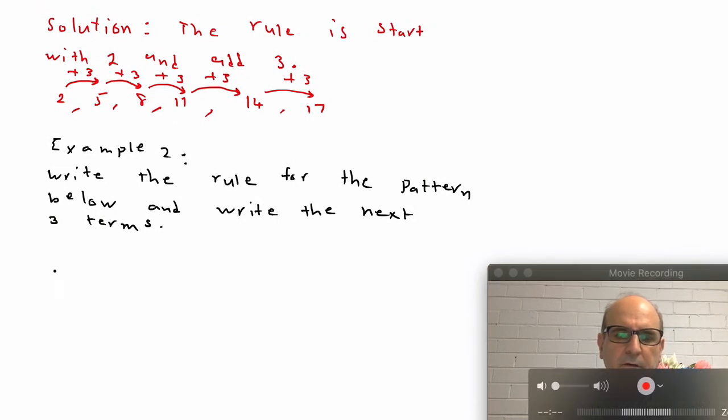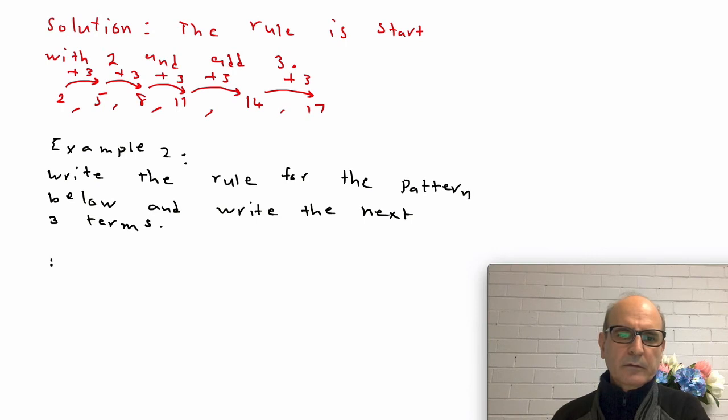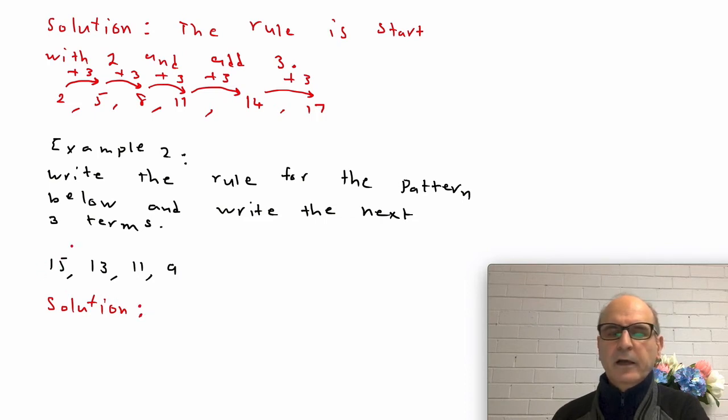Okay, so we have, say, 15, then 13, then 11, then 9, and now they are asking us to give the rule. As you can see, we start with 15 and we go down by 2.